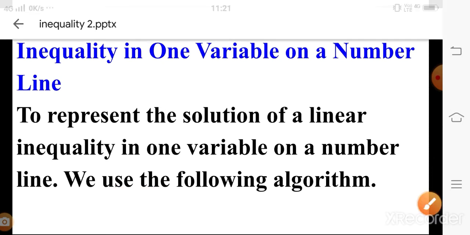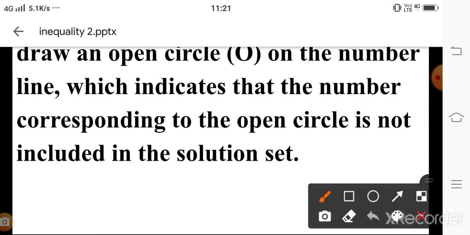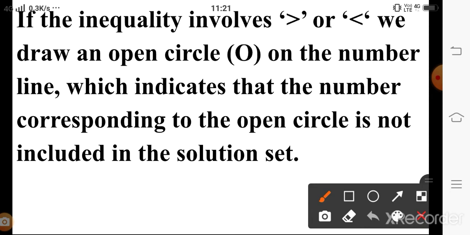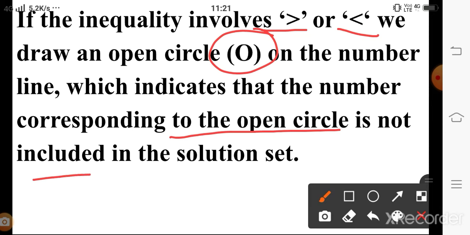First, if the inequality involves less than or greater than, we draw an open circle on the number line, which indicates that the number corresponding to the open circle is not included in the solution of the given question.